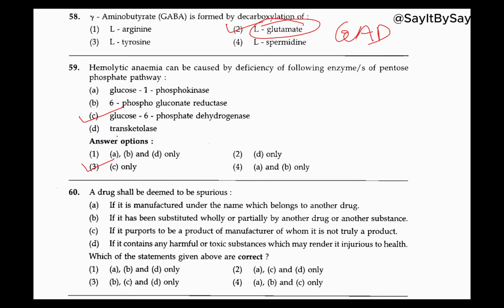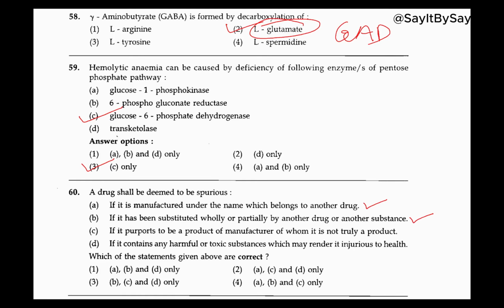Question number 60. A drug shall be deemed to be spurious: A. If manufactured under the name which belongs to another drug. Correct. If it has been substituted wholly or partially by another drug or another substance. Correct.